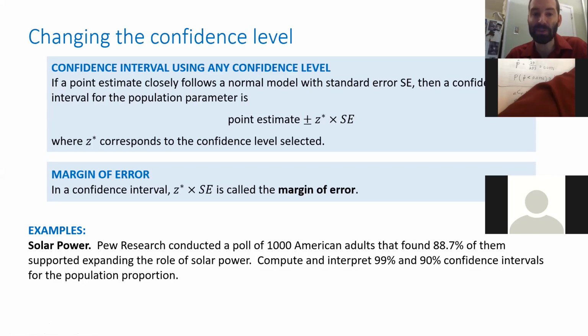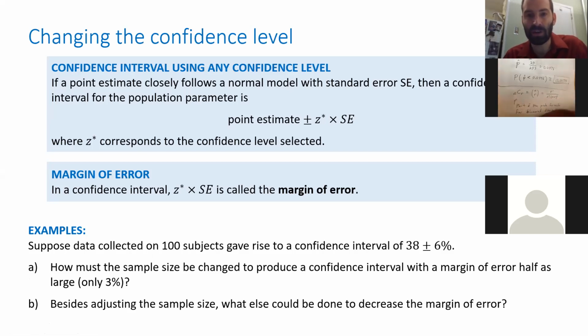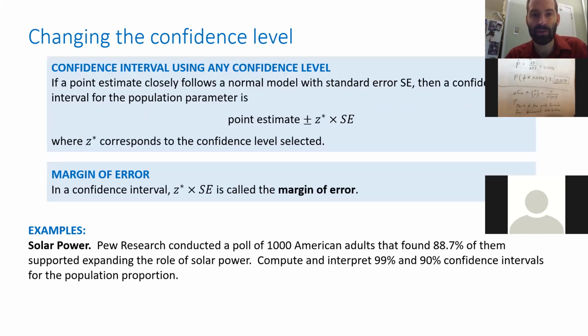If it's 90%, I'll let you figure out what z star will have to be. You can do that on your own just by doing exactly what I did in StatCrunch. Maybe we'll do an example like that down here, I'm not sure. And this margin of error, this is exactly what I was talking about on the document previously. The z star times the standard error, the thing that we're adding or subtracting from the point estimate, is called the margin of error.